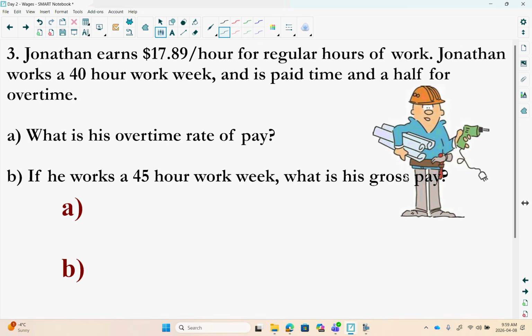So I need to figure out how much he would get paid for his overtime hours. To do that, I'm going to take the $17.89 and I'm going to multiply it by the 1.5. Does everyone know where the 1.5 is coming from? Time and a half. $17.89 per hour times 1.5. I'm getting $26.84.